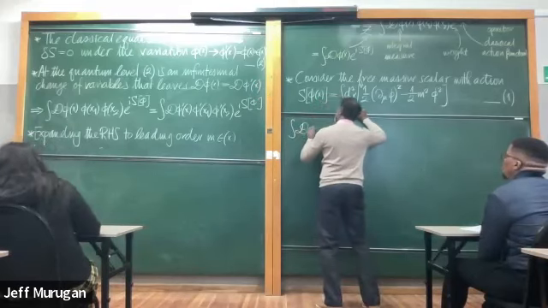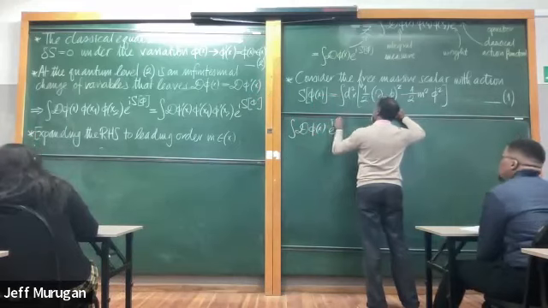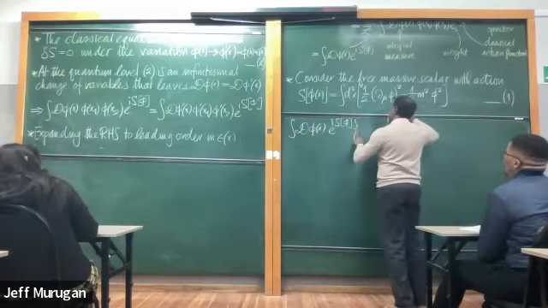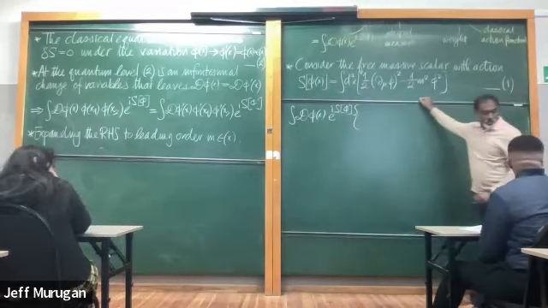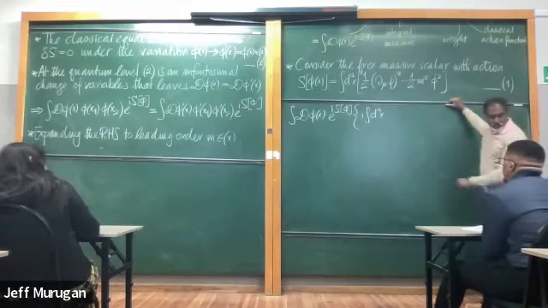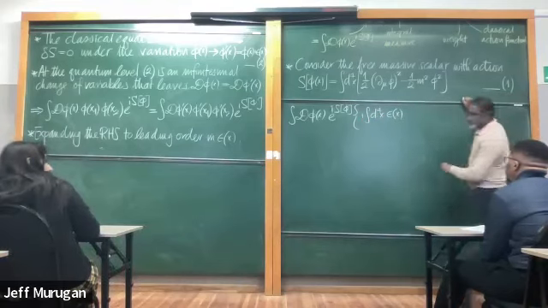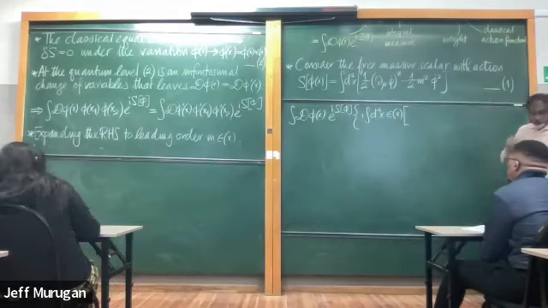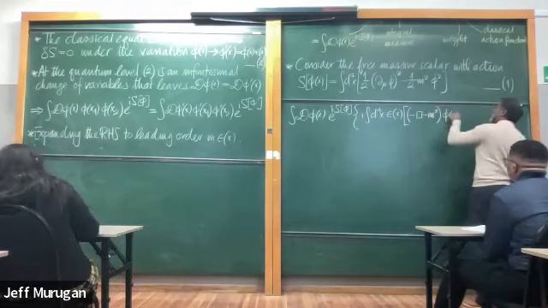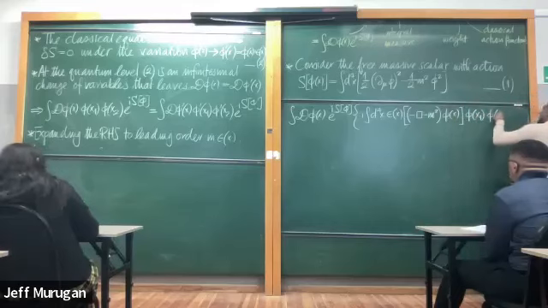I'll get the integral d phi of x, e to the i S of phi, times a factor of i times the integral d4x coming from the action, epsilon of x, times what looks like minus box minus m squared acting on phi of x, multiplying phi of x1, phi of x2.